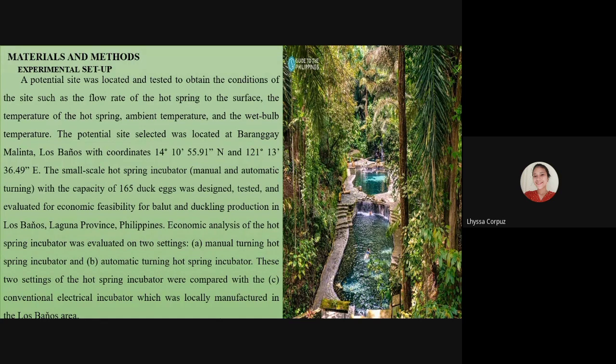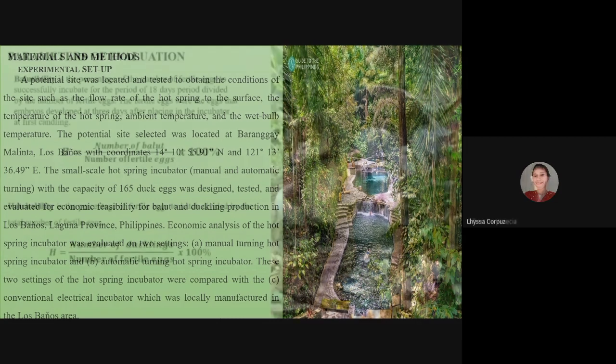Here, they experimented with a manual and automatic turning hot spring incubator and they tested 165 duck eggs each. And those two were compared to the standard electrical incubator also made in Los Baños.